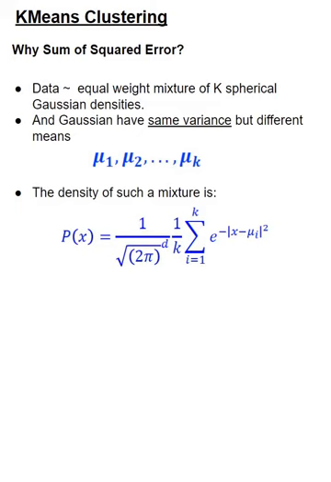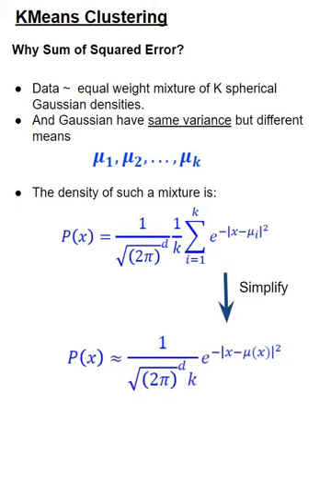Now, since the exponential function falls fast, this equation can be simplified and approximated as 1 by square root of 2 pi k exponential of x minus mu of x the whole square, where the mu of x indicates the center nearest to x.